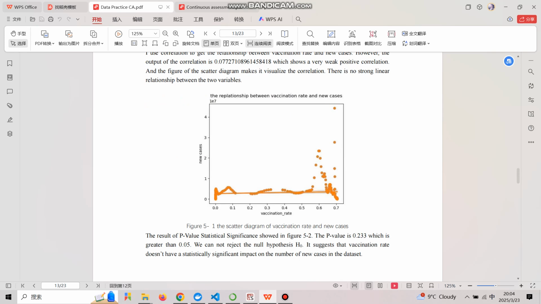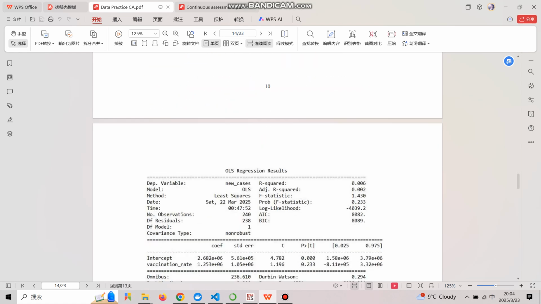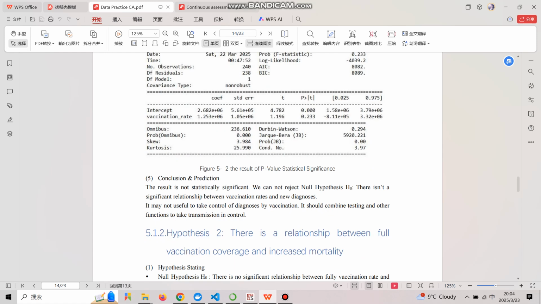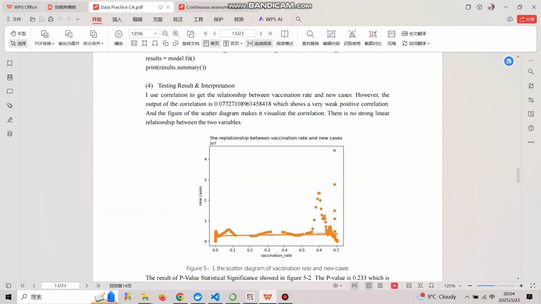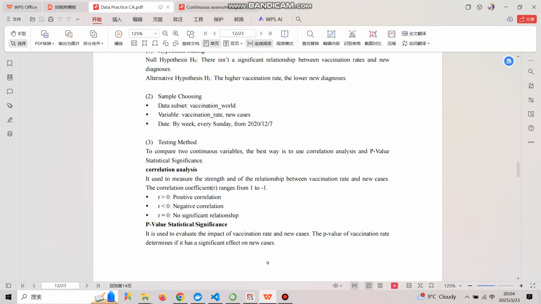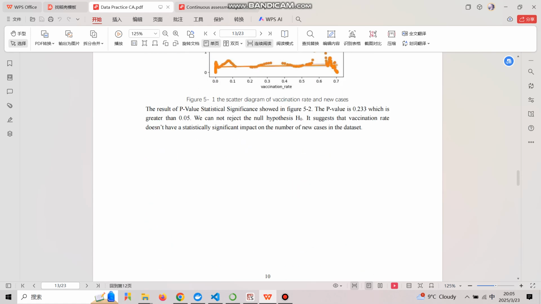The scatter diagram shows there was no significant relationship between these two variables, and the p-value also didn't show a significant relationship, so we cannot reject the null hypothesis H0.